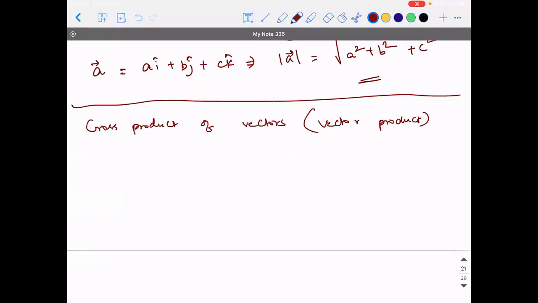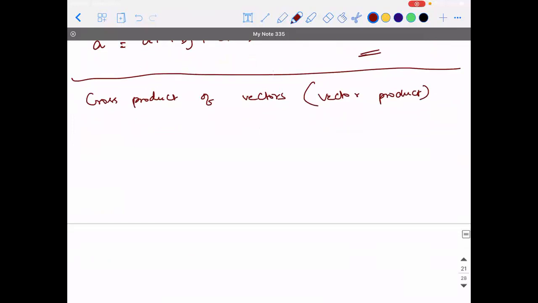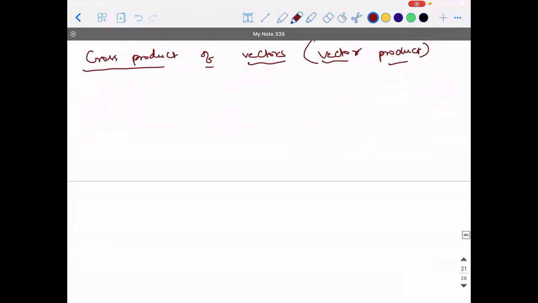Since we have seen what is dot product, I'll give you an introduction of what is cross product. And in the next class, I'll explain it in detail because it's a slightly lengthy derivation. So write it down.